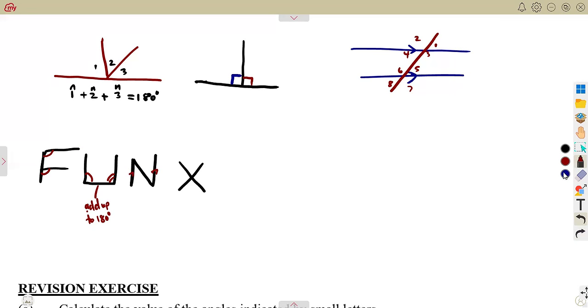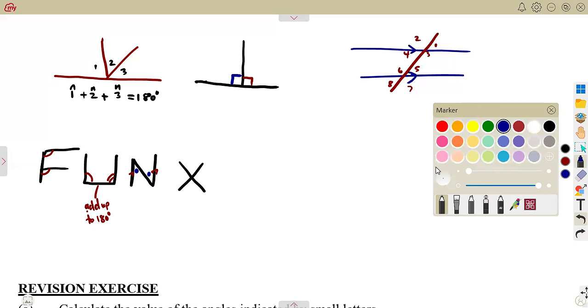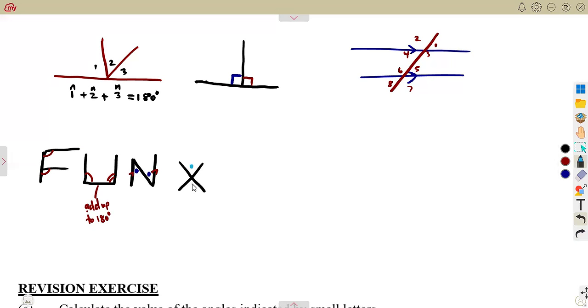Then we talk of the alternate angles. If these two lines are parallel, then this angle and this angle are alternate angles which are equal. Then we also talk of the vertically opposite angles, this angle and this angle being equal. Also, this angle and this angle, on the other hand, also being equal.